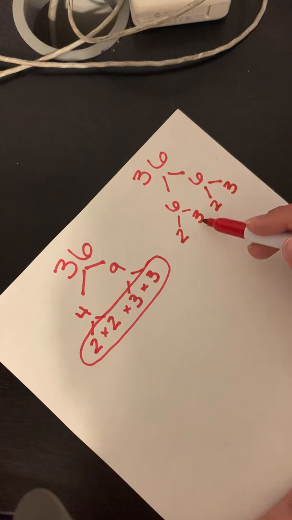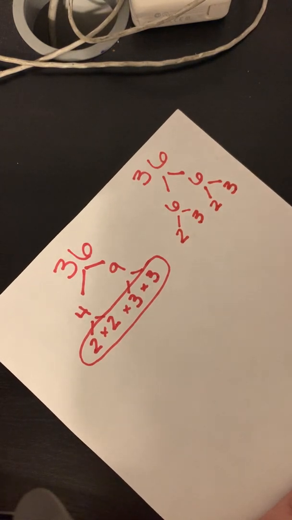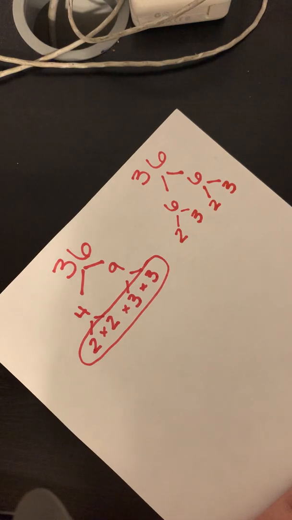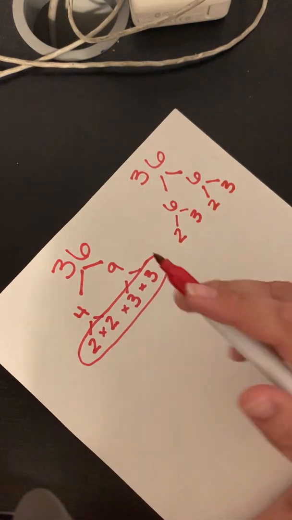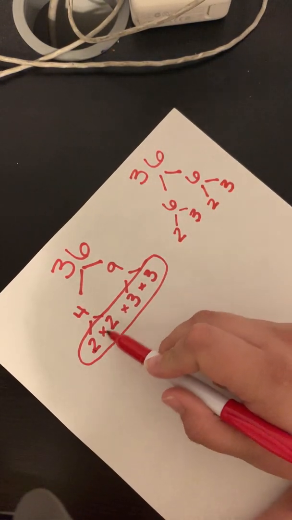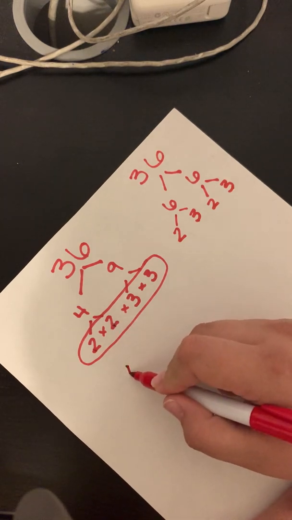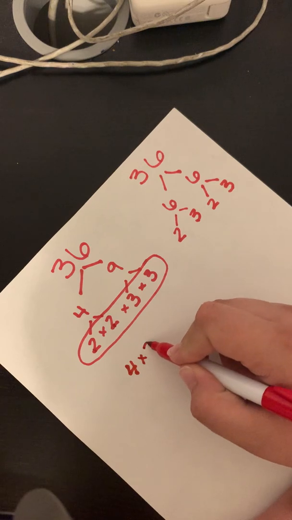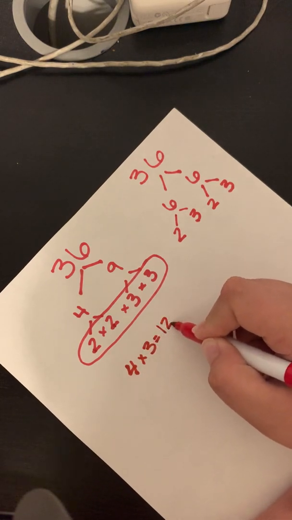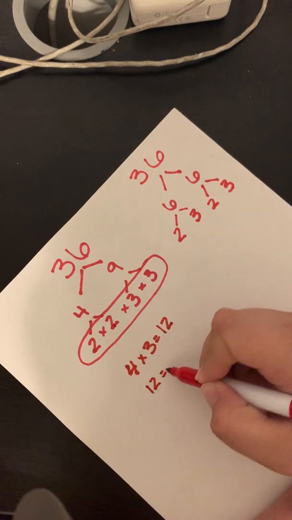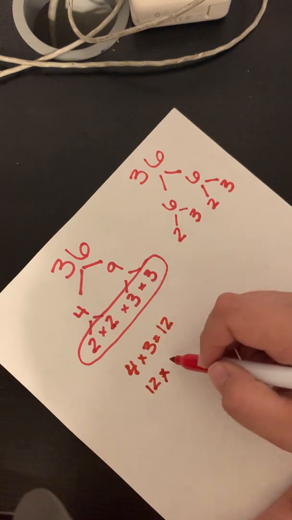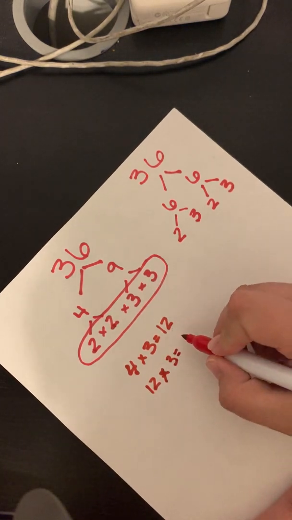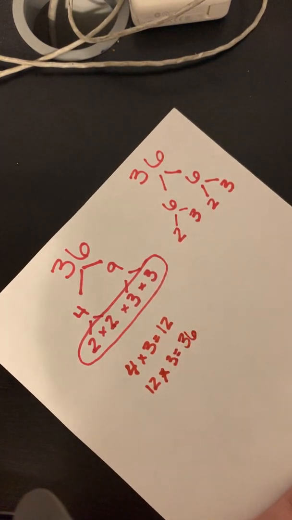I know they're out of order, but in multiplication, order doesn't matter. If I were to multiply these together, I would get 2 times 2 equals 4. 4 times 3 equals 12. 12 times 3 equals 36.